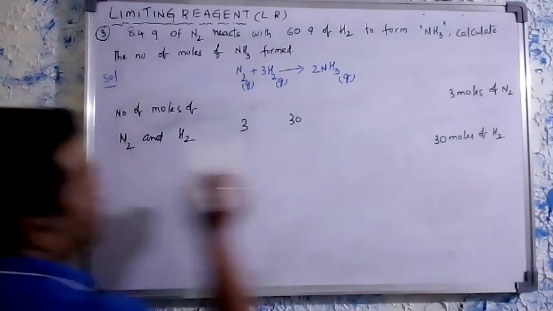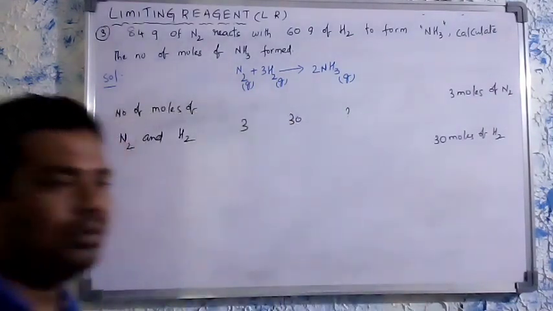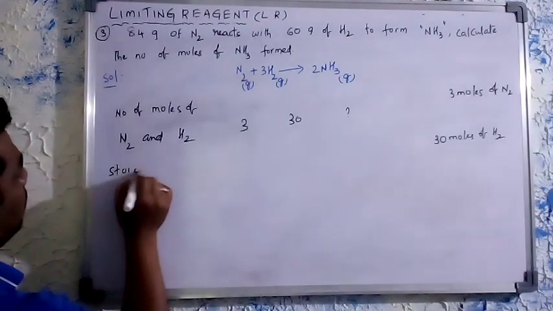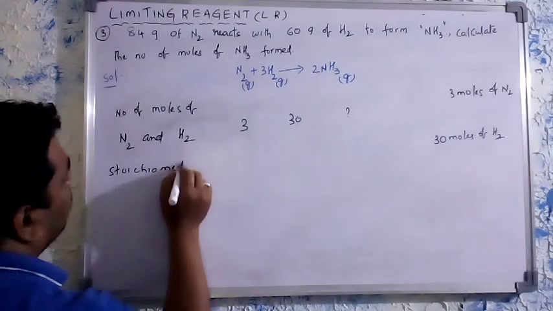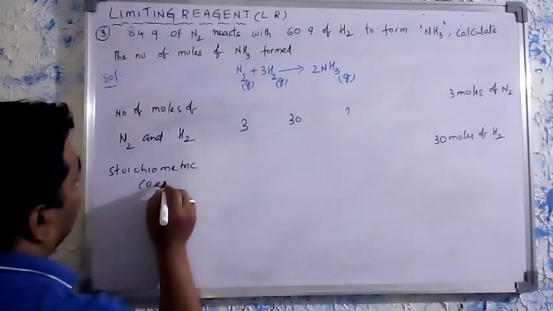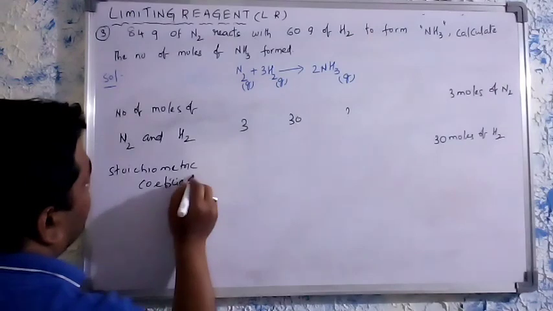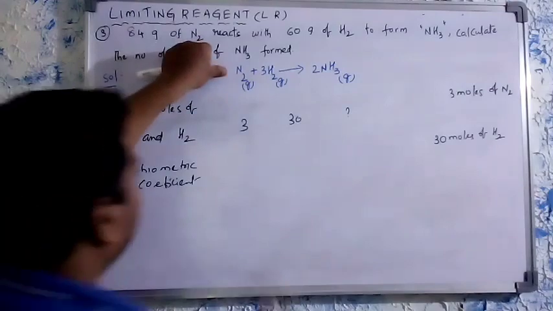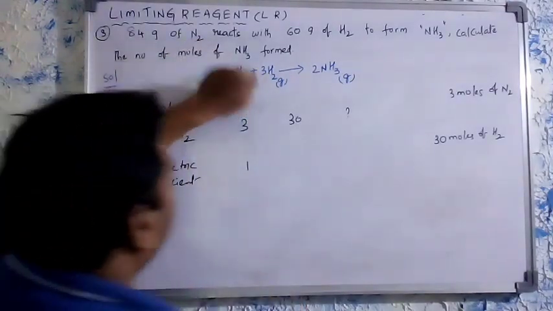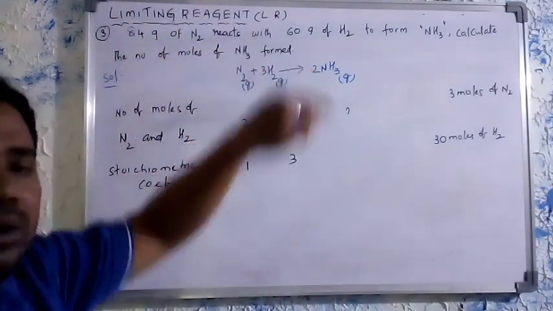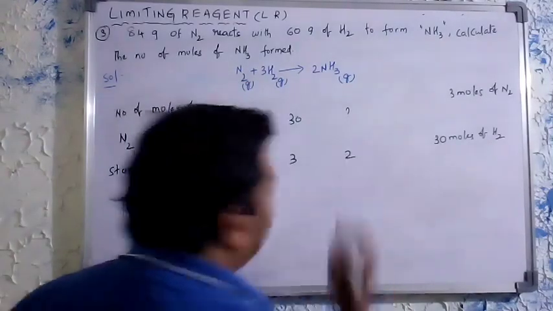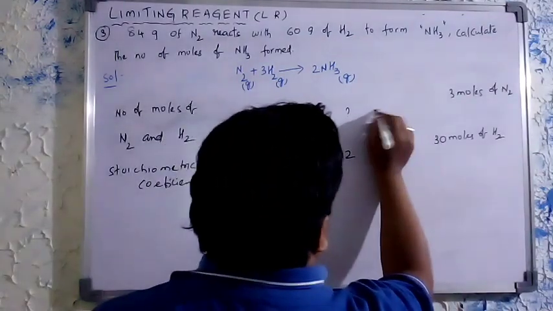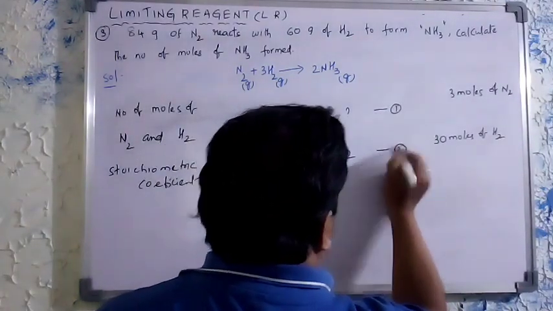Then the number of moles of ammonia, which we don't know. Next, the stoichiometric coefficient, based on the balanced equation: 1 mole of nitrogen reacts with 3 moles of hydrogen gas to form 2 moles of ammonia as a product. So this is 1 and this is 2.